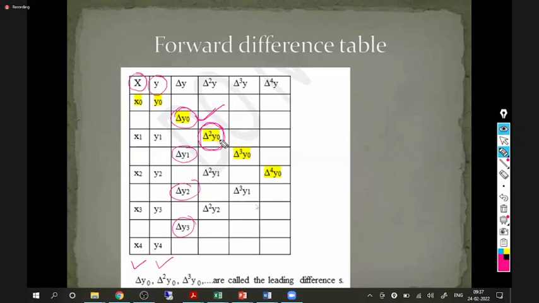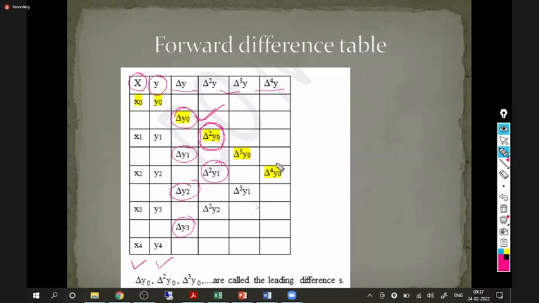When we take the forward difference table, the maximum number of differences exist for y0 only. Observe how many differences exist for y0: first order, second order, third order, and fourth order.